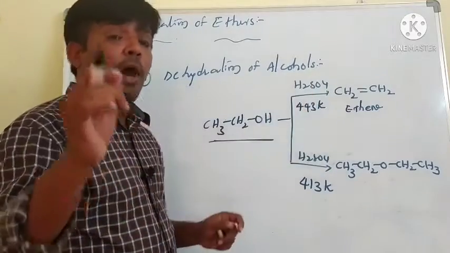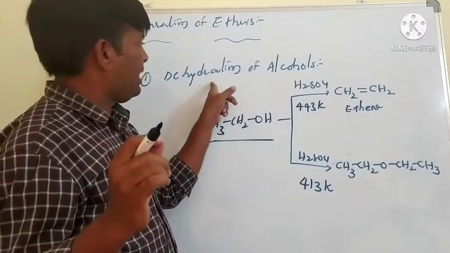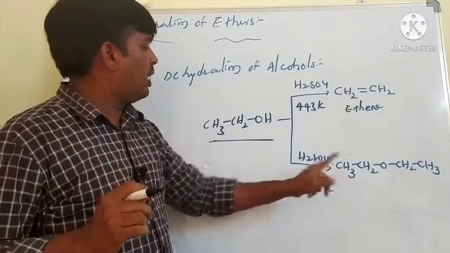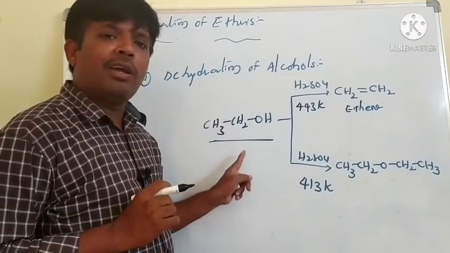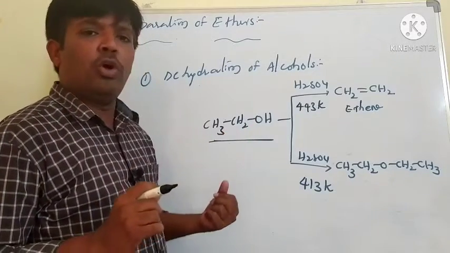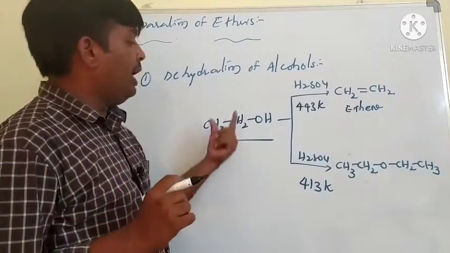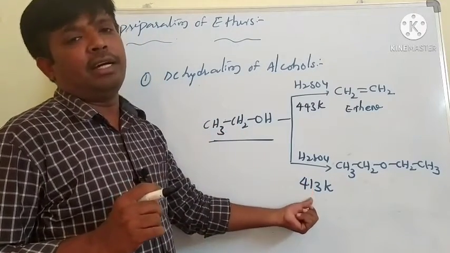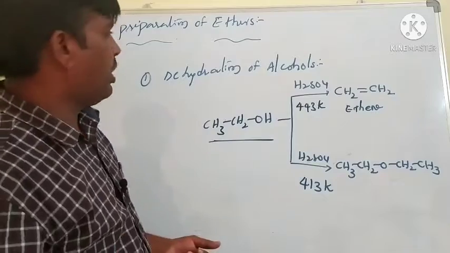That's why the predominant conditions for getting ethers are primary alcohols or low hindered alkyl groups, and then low temperature.